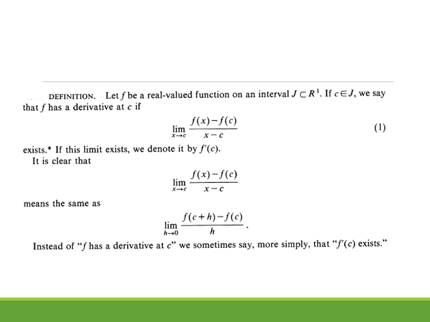It is clear that the limit as x tends to c of (f(x) minus f(c)) divided by (x minus c) is the same as the limit as h tends to 0 of (f(c plus h) minus f(c)) divided by h. Then f has a derivative at c. Sometimes, more simply, we say that f dash of c exists.